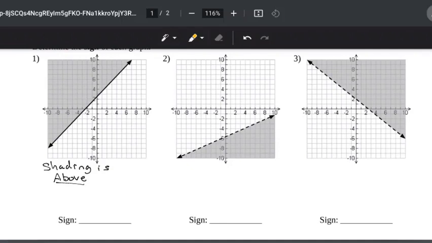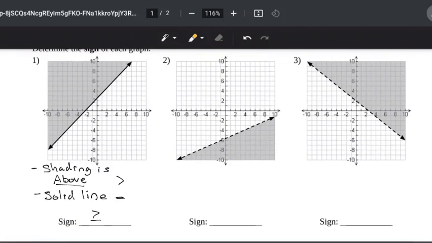Above the line means greater than. And then it is a solid line, which means we're going to have the equal symbol underneath it. So it is greater than or equal to.